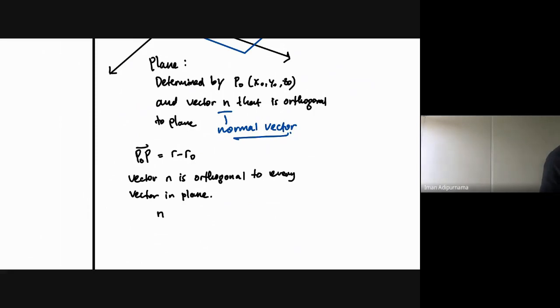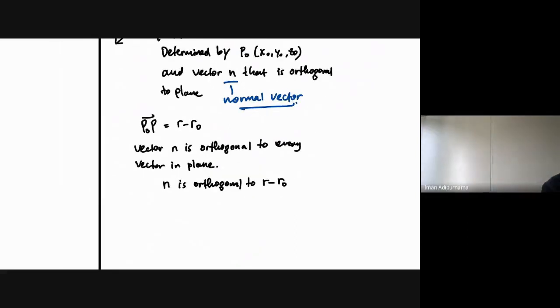And in particular, n is orthogonal to R minus R0. And we can write the definition like this: the dot product of n and R minus R0 is 0.